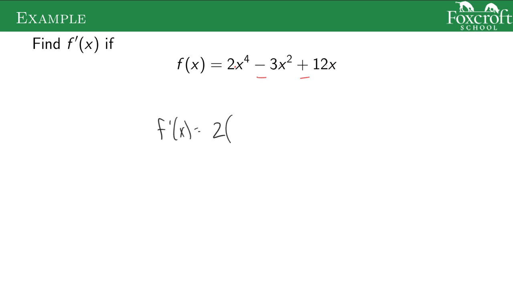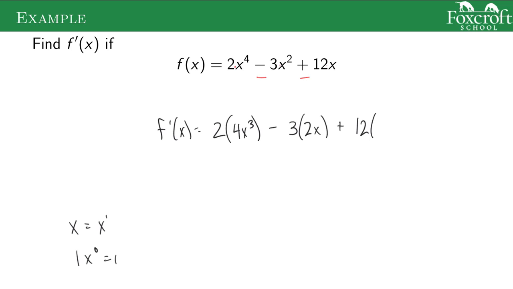And then the derivative of x to the 4th is 4x cubed. Minus, that 3 is just going to stay there. Derivative of x squared is 2x to the first. Plus, that 12 is going to stay there. What's the derivative of just x? x is x to the first, which means its derivative is we bring down the 1, subtract 1, x to the 0 is 1.